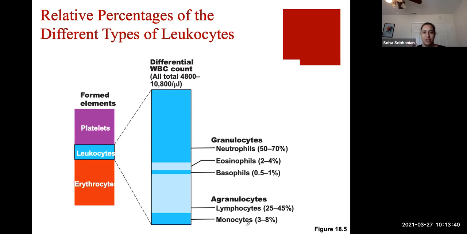So what's their function? First of all, when you're looking at these white blood cells, you notice that they're categorized as either granulocytes or agranulocytes.